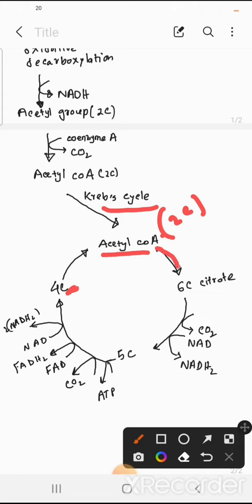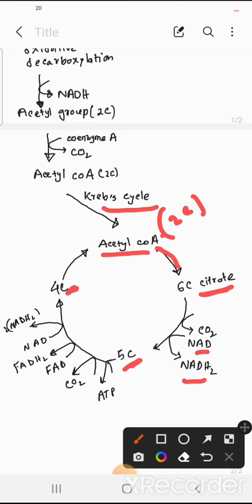This is the first reaction, and produces a 6 carbon compound called 6 carbon citrate. This 6 carbon citrate then releases carbon dioxide. Here is another place where we got CO2 in respiration, and also NAD becomes NADH2, and this 6 carbon becomes 5 carbon because it has released 1 carbon through carbon dioxide.